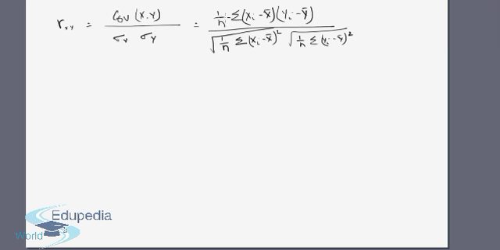Now what has happened is that we have 1 by n twice under the root here, which can be taken out, and that becomes 1 over n.